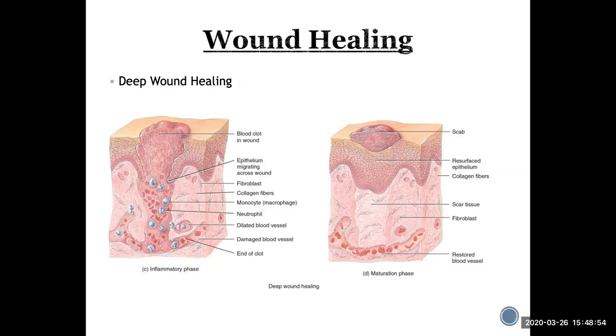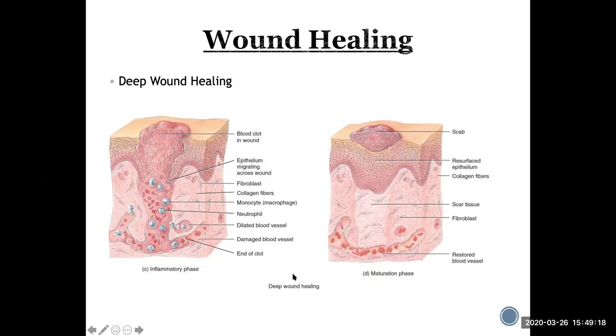All of that is the first stage of wound healing for deep wounds, and it's called the inflammatory phase. So that's white blood cells getting to the area of damage and starting the healing process.